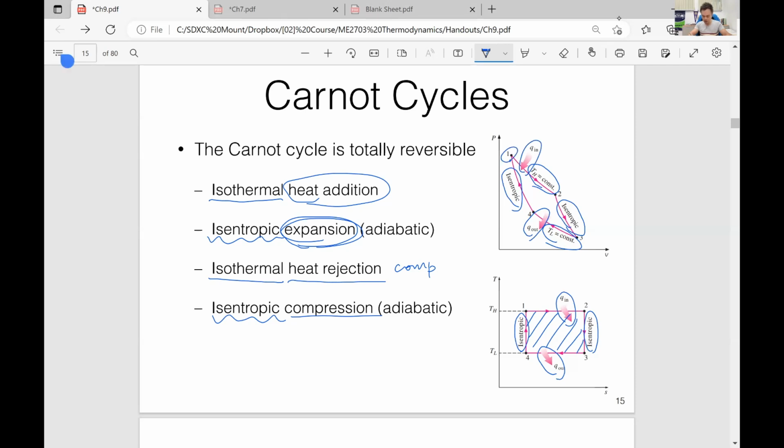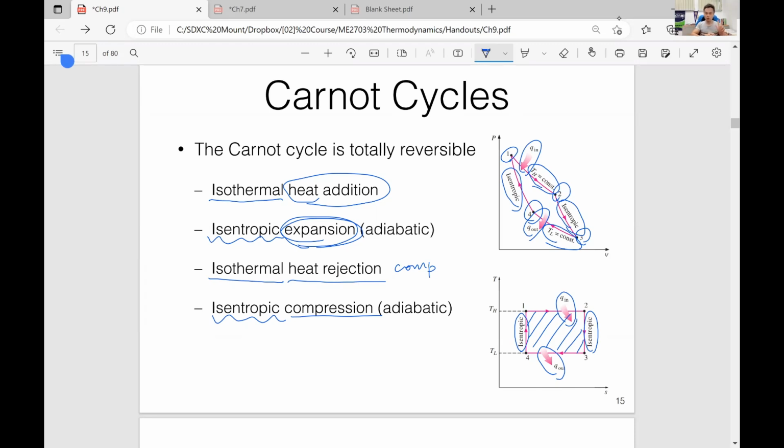And state 1, state 2, state 3, state 4. So the relative position of these 4 states, you also need to know that. This is very important for you to analyze the characteristics of this unique cycle. So Carnot cycle, Otto cycle, Diesel cycle, and Brayton cycle.